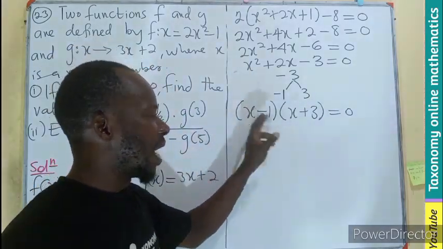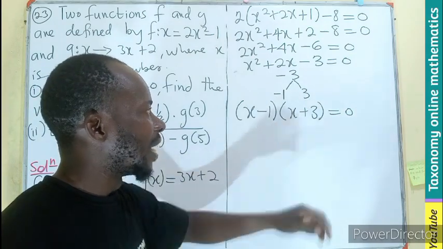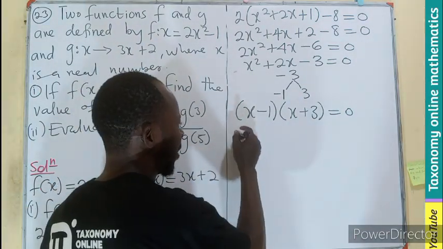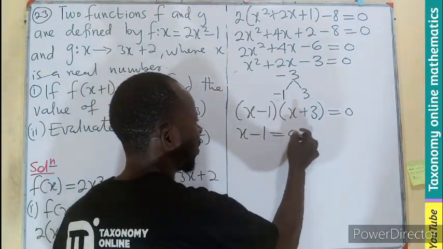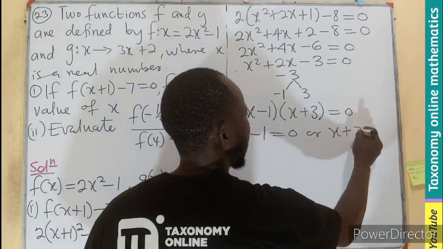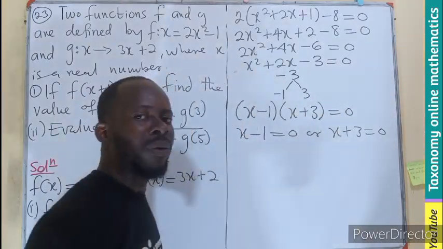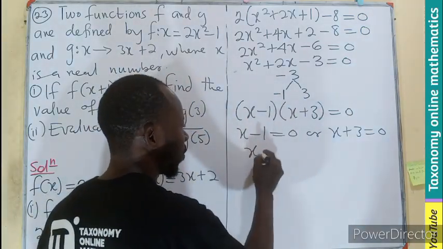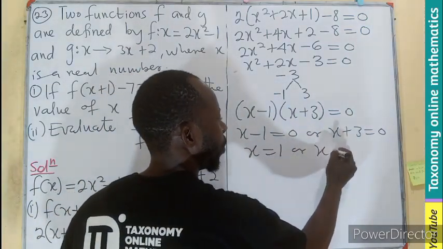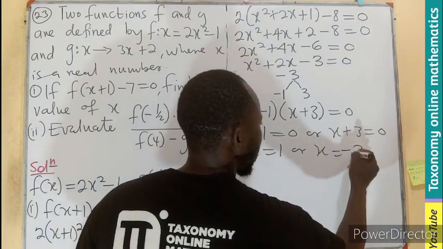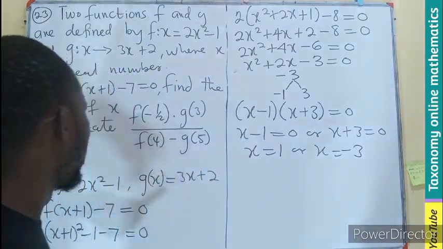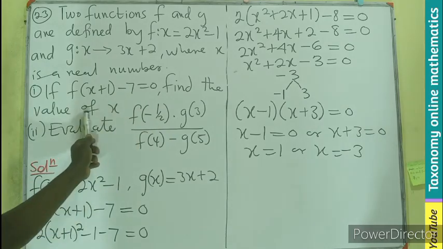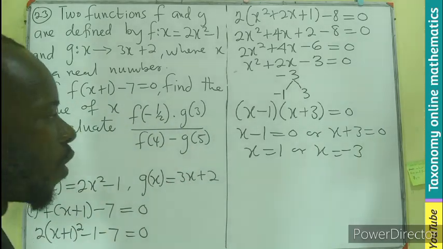This means the first bracket is 0 or the second bracket is 0. So x minus 1 equals 0, or x plus 3 equals to 0. We transpose the constant. Negative becomes positive, positive becomes negative. So the values of x that we are asked to find is going to be either 1 or negative 3.